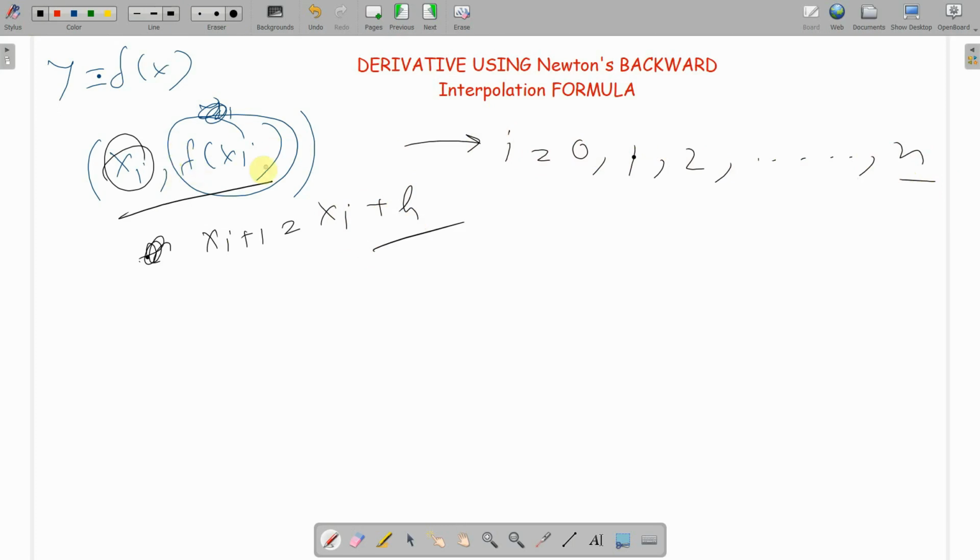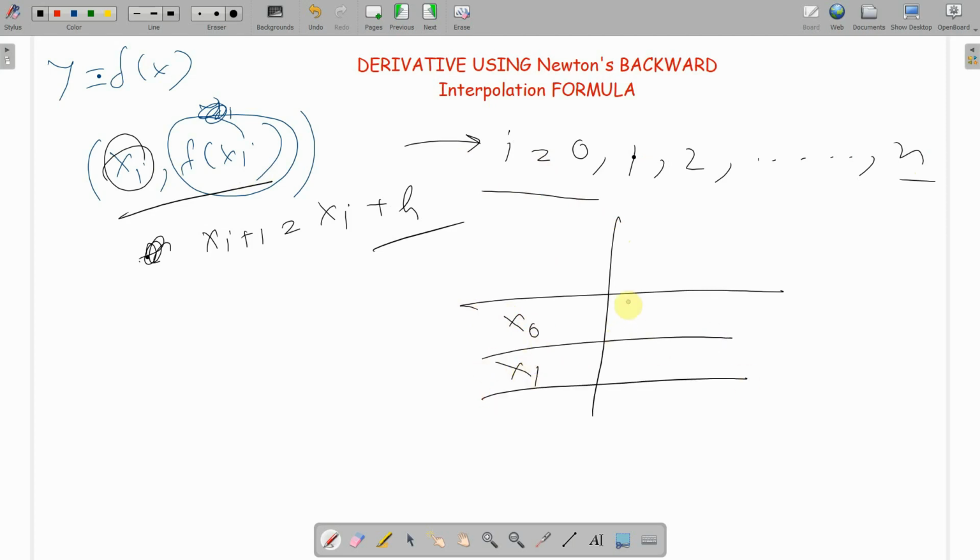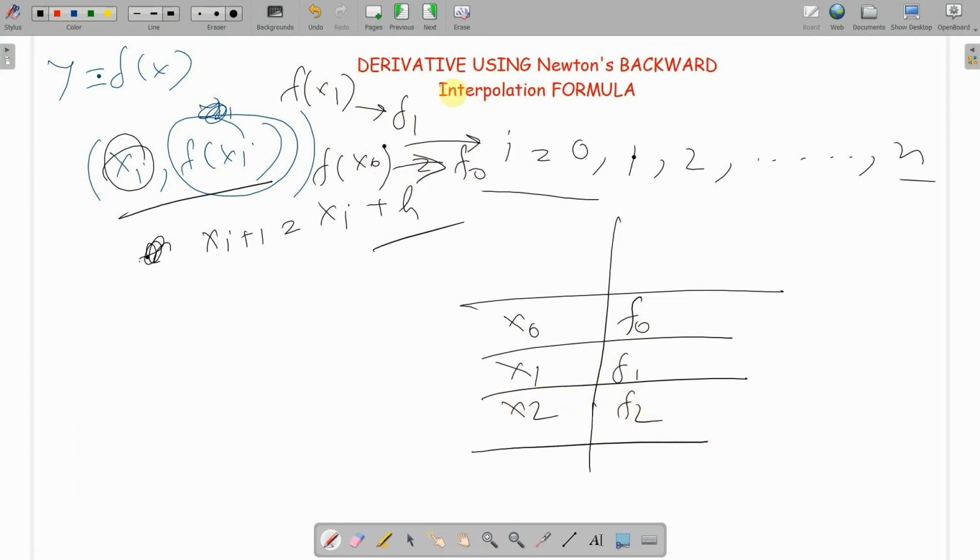Now for the Newton forward formula, if I make a table, it gives x0, x1, x2 with corresponding values f0, f1, f2. Similarly to the previous method, where we did the derivative using Newton's forward formula, we will now do the backward formula.